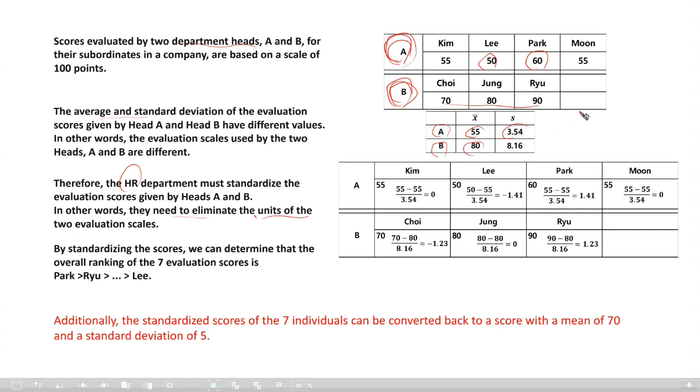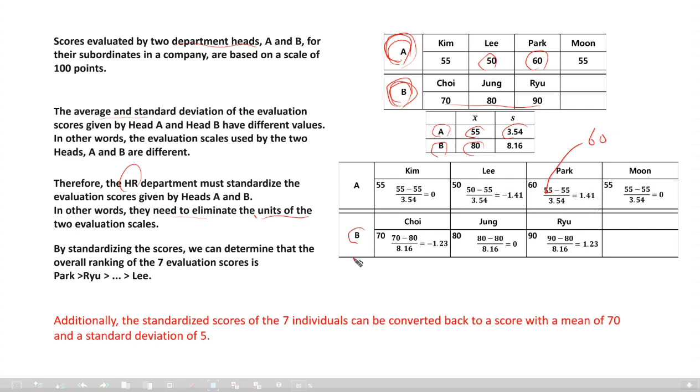So how to standardize it? For Kim here, 55 minus 55 divided by its standard deviation 3.54. For Park here, I'm sorry, this is 60. 60 minus 55 divided by 3.54 is 1.41.